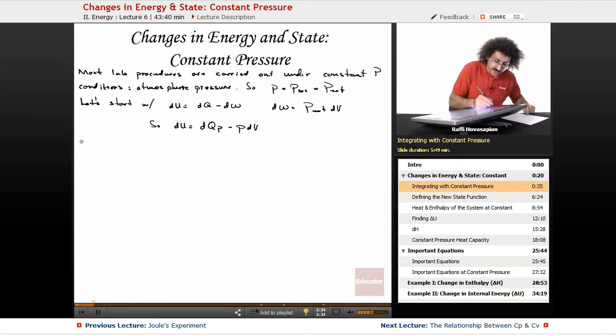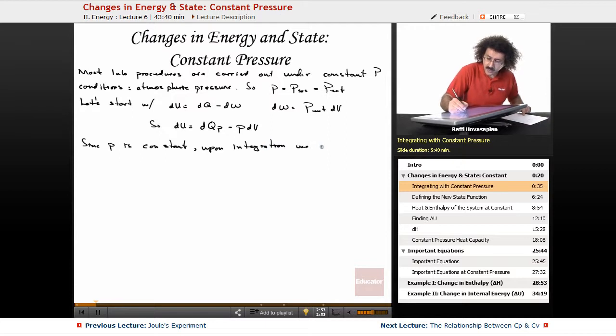Since P is constant, again, this is just the first law of thermodynamics, upon integration we get the following.